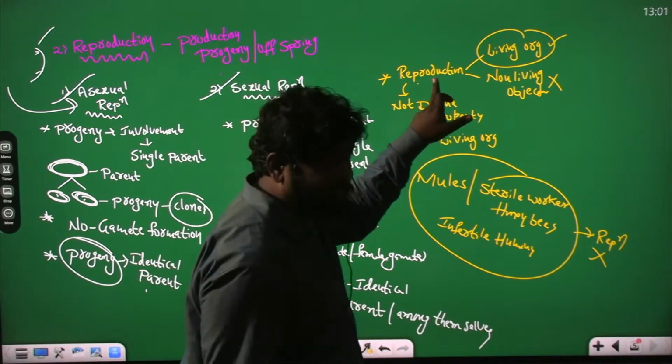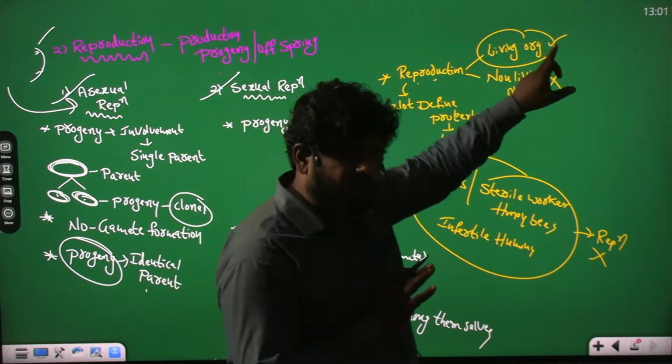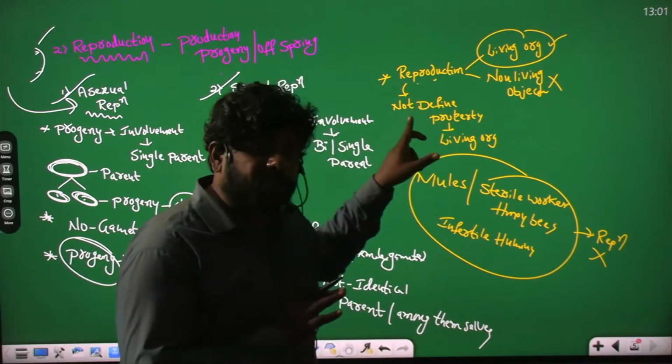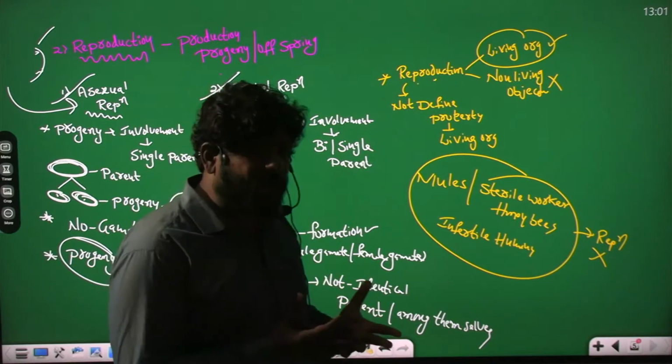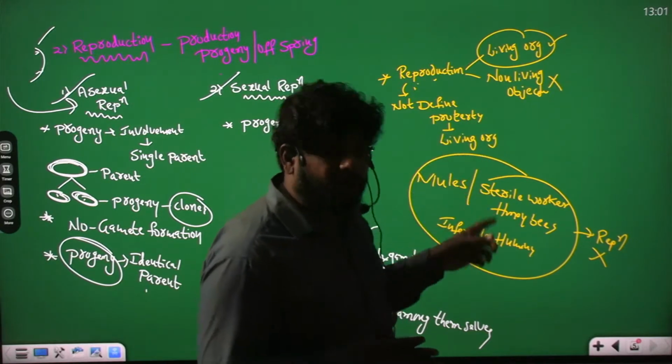Reproduction is present in living organisms, not in non-living, even though we are not using the term reproduction as a defining property. Why? Because reproduction is present in living organisms but not in all.